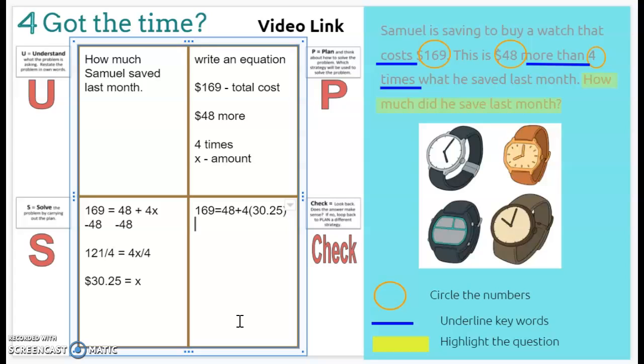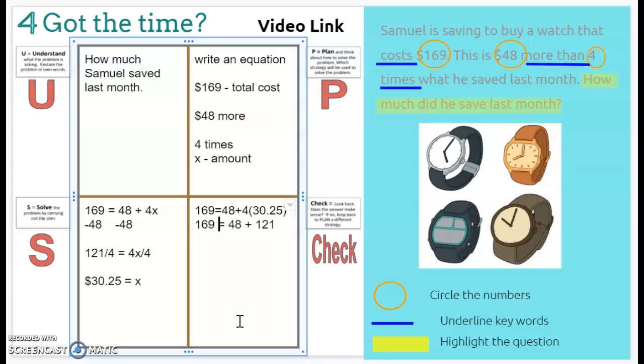We're going to do our order of operations. So we are going to multiply $30.25 times 4, which gives us 169 equals 48 plus, that's 121.